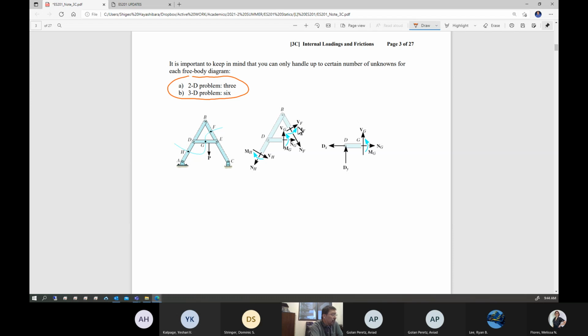So suppose you introduce 1, 2, 3, 4, 5, 6, 7, 8, 9 unknowns. You can never solve those 9 unknowns, because you only have 3 equations available. So you have to disassemble, create free body diagram after free body diagram, and apply 3 equations to each of the free body diagrams you construct.